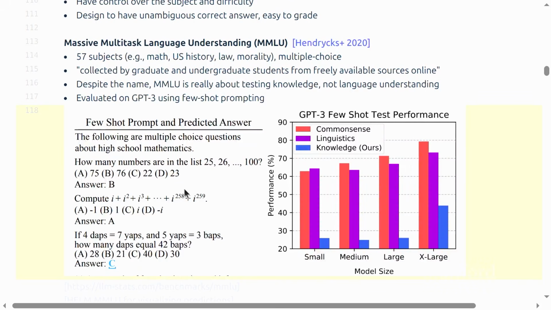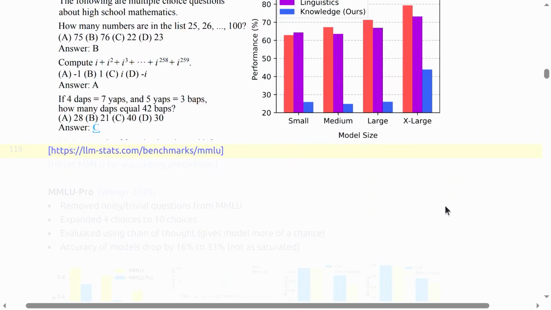This seems very mundane, but at that time, it was pretty radical that you would construct this fairly complicated prompt with in-context examples and everything, and expect the language model to actually do something reasonable. And sure enough, at the outset, the models were not great. Some of the small models were barely above chance, and the larger model, GPT-3, was well above chance. So this was kind of encouraging.